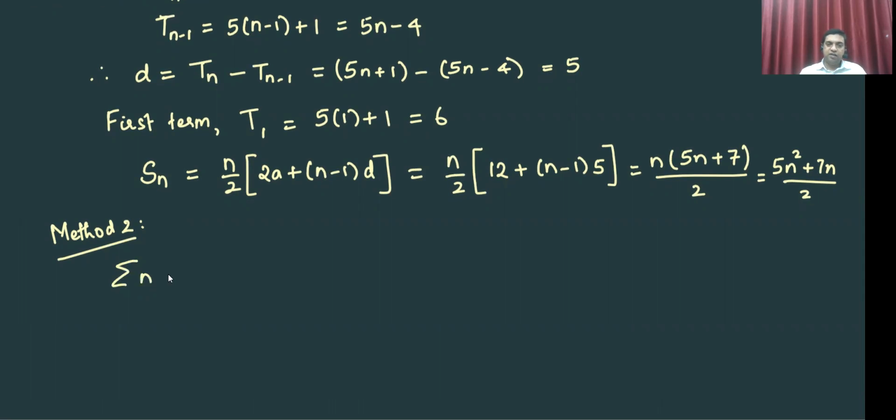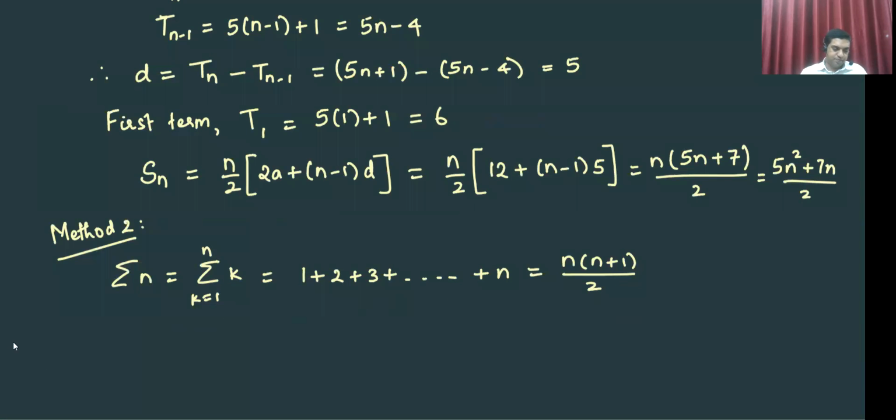Now the second method is based on this result. Sigma k equal to 1 to n, we write as sigma n, which is sum to first n consecutive integers. This is n into n plus 1 upon 2. All right, this is there in your result. Sum to n terms of special series.